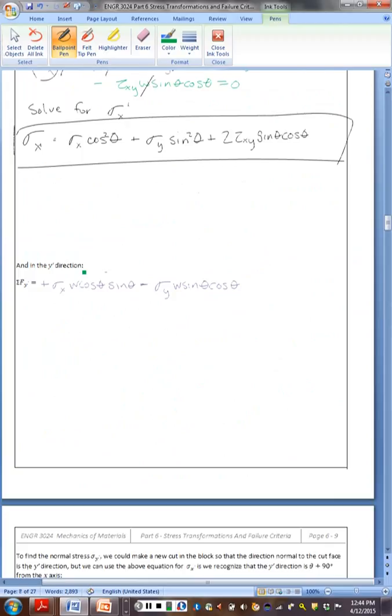So pulling that into the equation, we have a plus, the one that's already in the x prime, y prime direction, minus tau xy W cosine squared theta plus tau xy W sine squared theta equals 0.